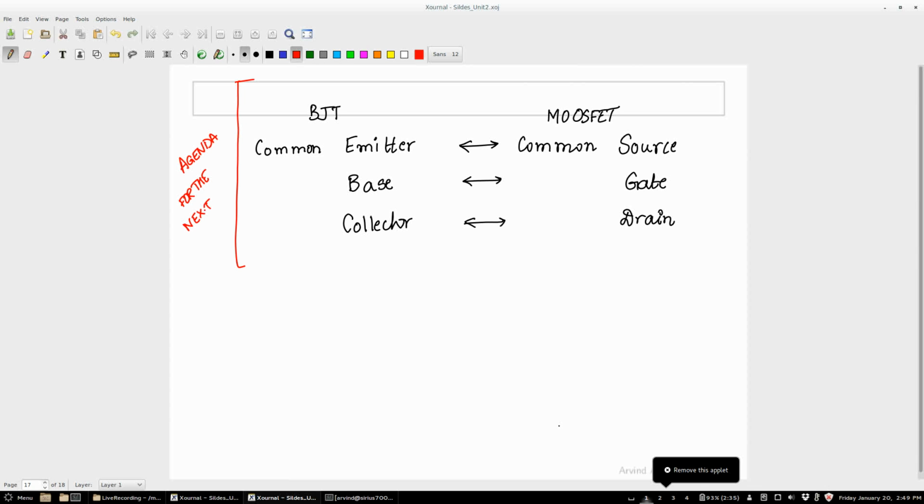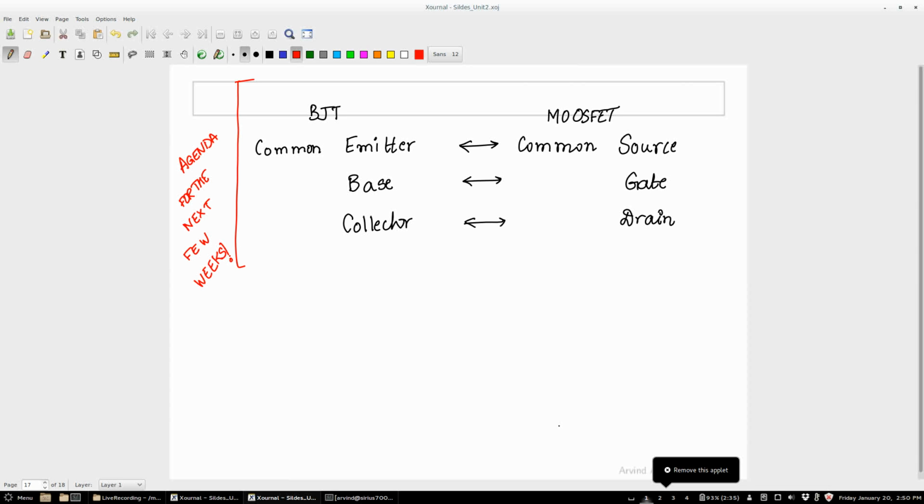And we will have a common collector, and we will see that it is similar to a common drain. This will be the agenda for the next few weeks.